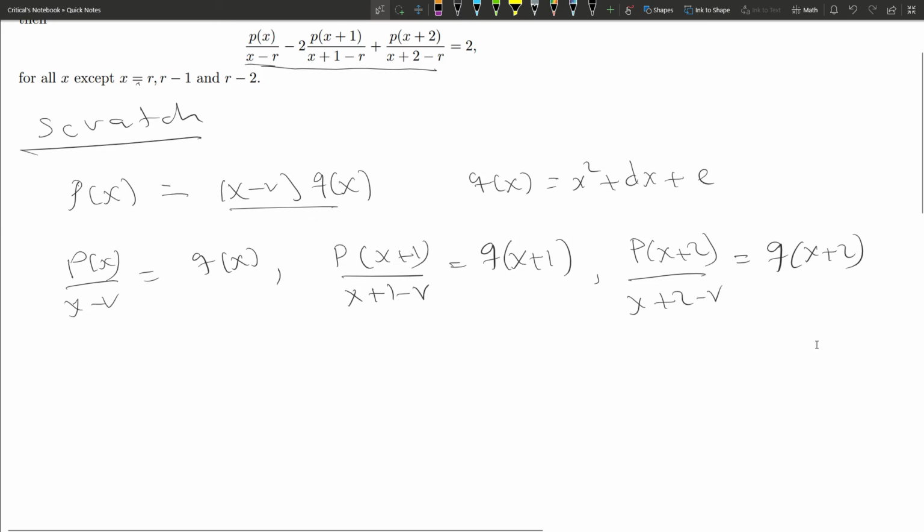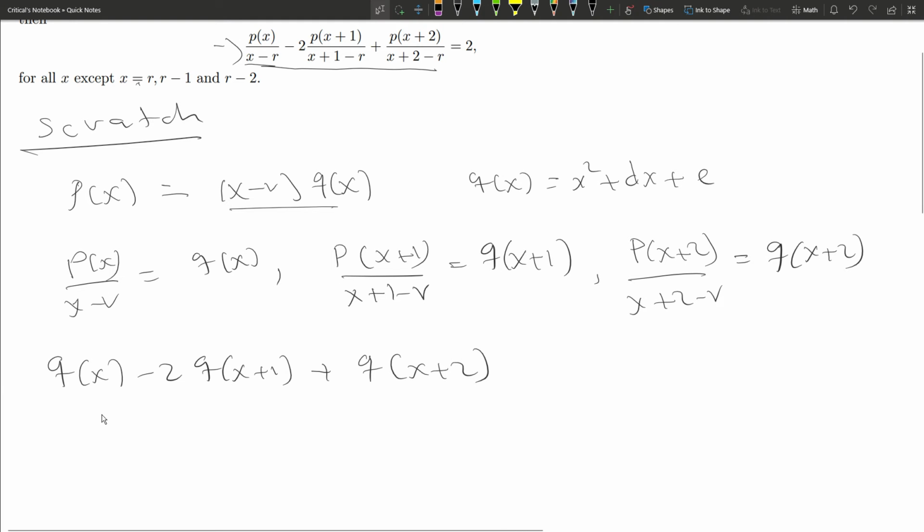Okay. So now we can rewrite this long expression in terms of q. That would be q of x minus 2q of x plus 1 plus q of x plus 2.